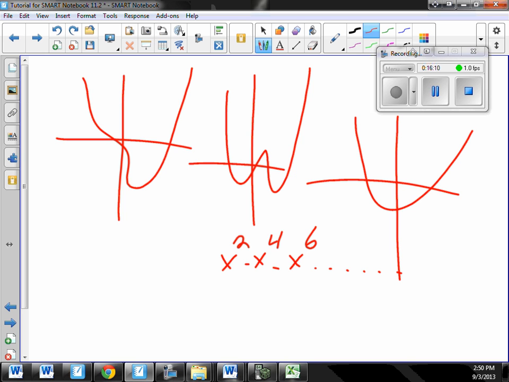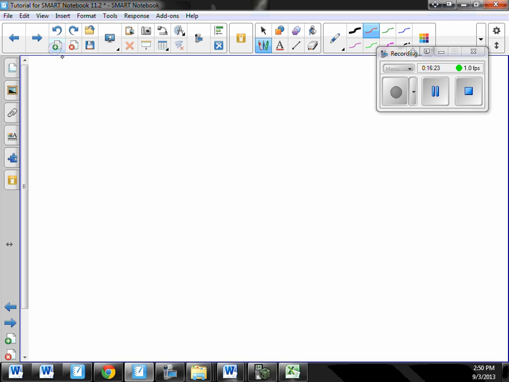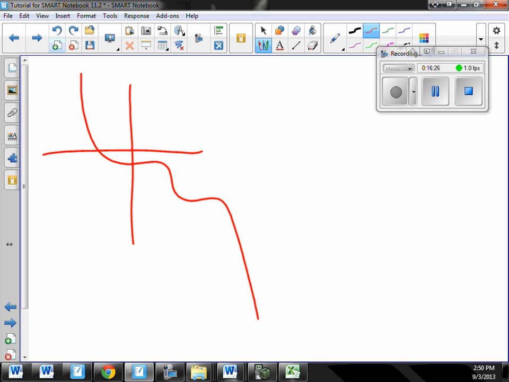Okay? What happens when I change these even-numbered ones to negatives? Then it flips them so they're both down. So, if I showed you this graph, what can you tell me about that polynomial?